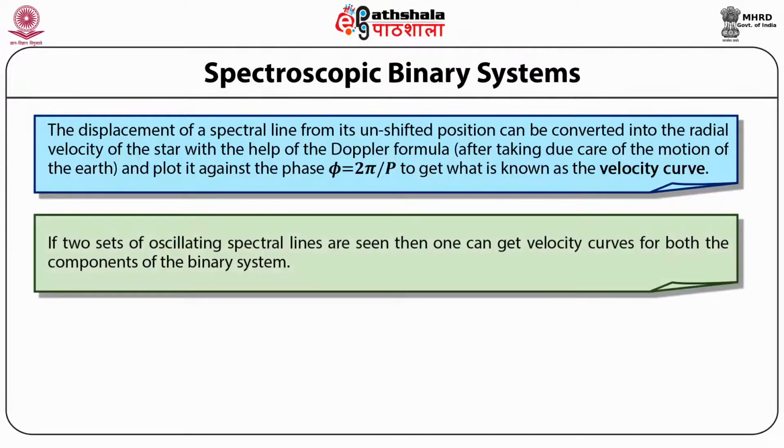If we get two sets of oscillating spectral lines, then one can get the velocity curves for both the components of the binary system. A careful analysis of the velocity curve yields information about the elements of the orbit, from which the masses of the binary components may be gleaned.